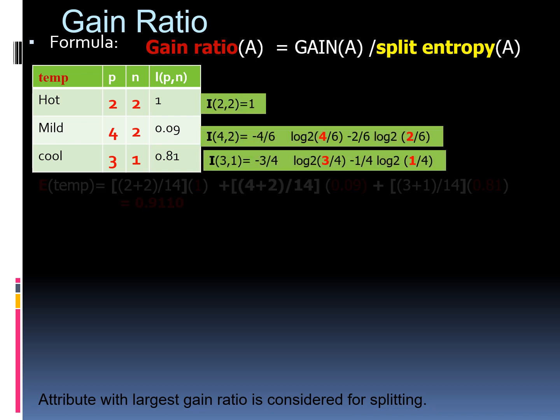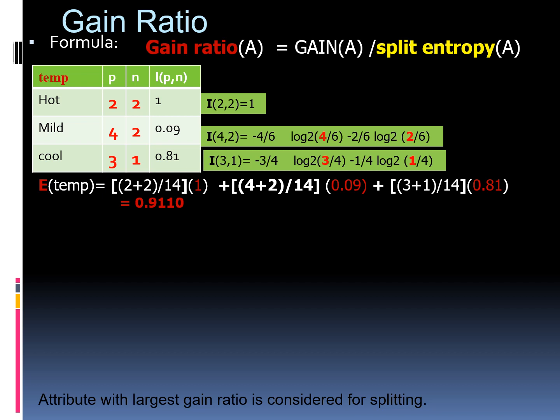Then we have to find out the entropy of the attribute temperature. And so what have we really done over here? How do we get this 2 plus 2, 4 plus 2, 3 plus 1? It is from here. And these values 1.9 and 8.81 are getting substituted out here.